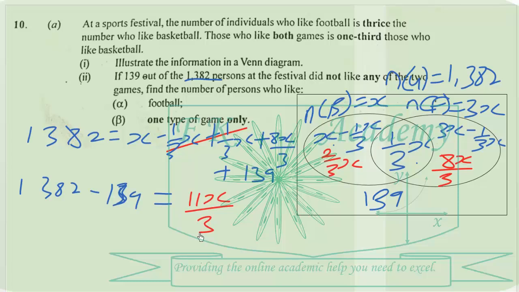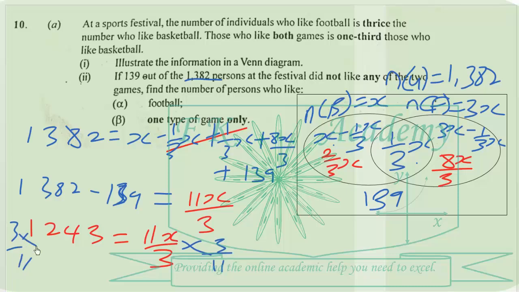So this will give us 1,243 equal to 11x over 3. So when you multiply both sides by 3 over 11, we are going to obtain 113 here. So 3 times 113 is 339. So that will be the value of x.